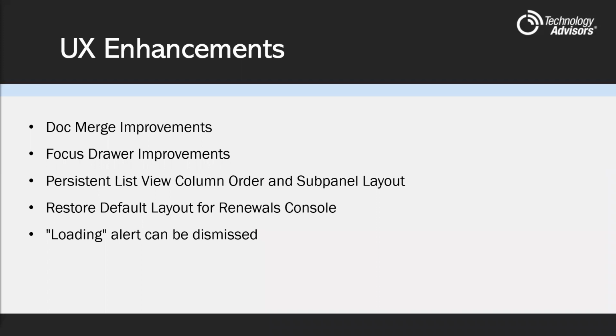Next up on our list, we have some user experience enhancements. The first being document merge improvements. Doc Merge is a new tool that was formerly known as WDocs. It allows you to take Sugar data and put it into Word documents, PDF documents, and even PowerPoints.